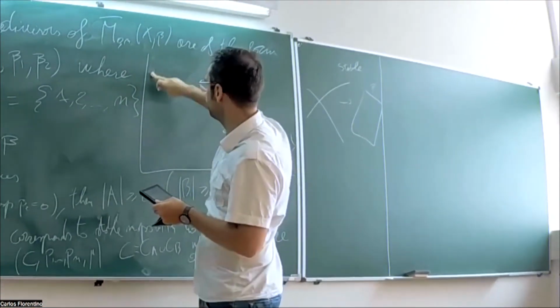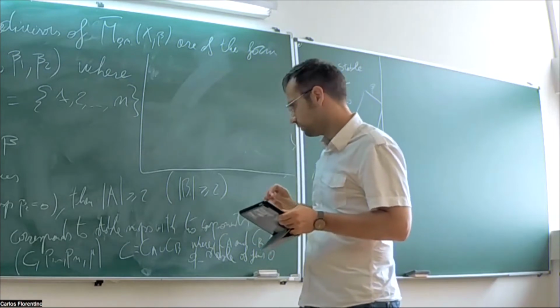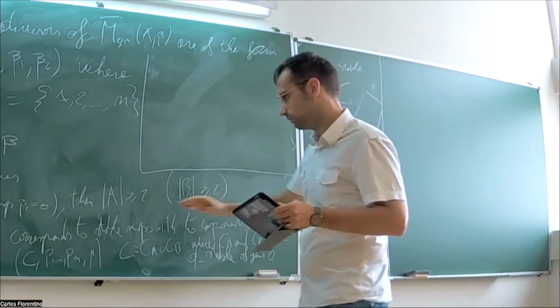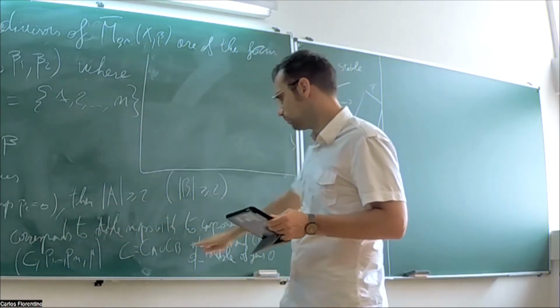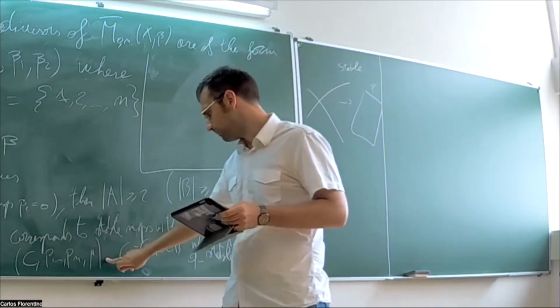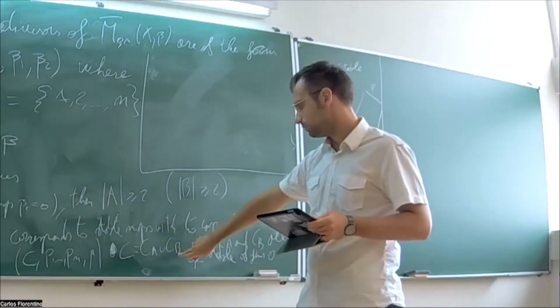Okay, let's put a little bit of order. D corresponds to stable maps with two components. So this is the stable maps. First point, C equal to this union.